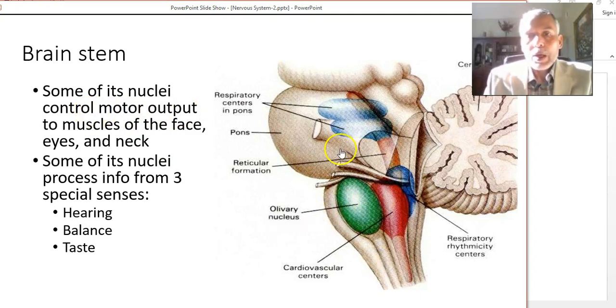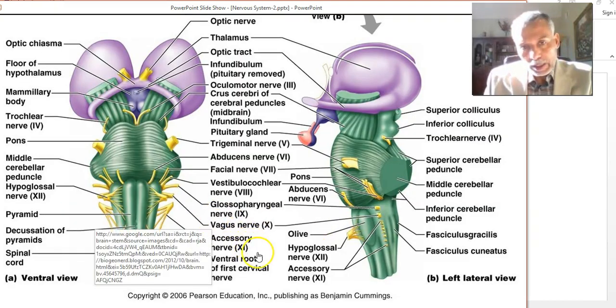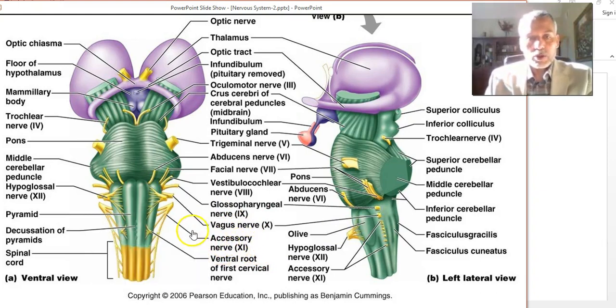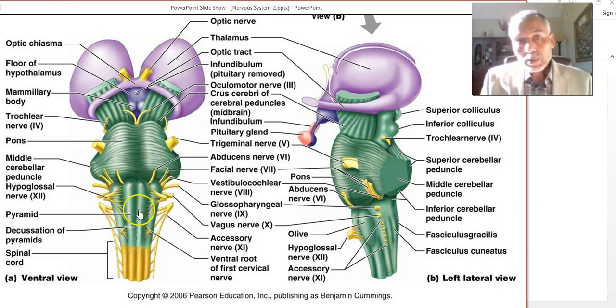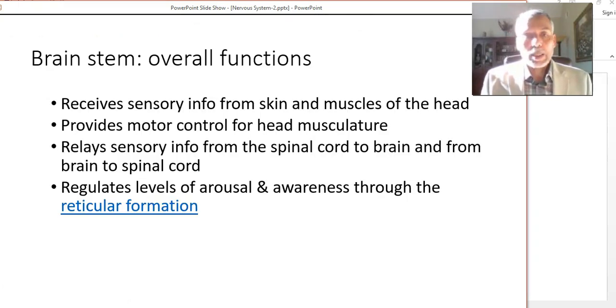For example, the example I gave, nerve number 11, which is the accessory nerve, gives me control over my shoulders, and it will enable me to turn my neck left and right through control of neck muscles. So some of these neurons have motor functions, some have sensory functions, and some have both motor and sensory functions. And we will be studying them in class, especially the ones that have to do with speech.